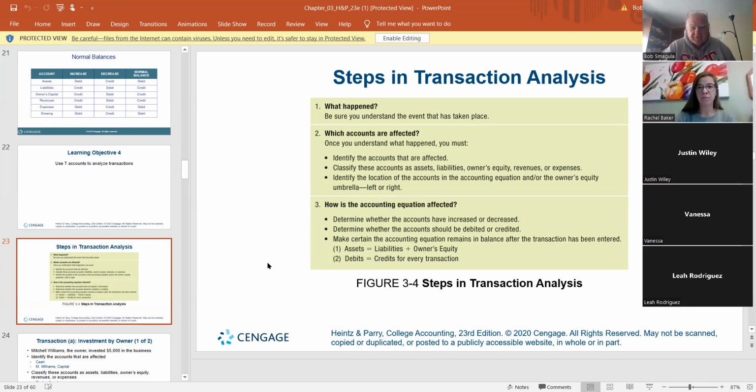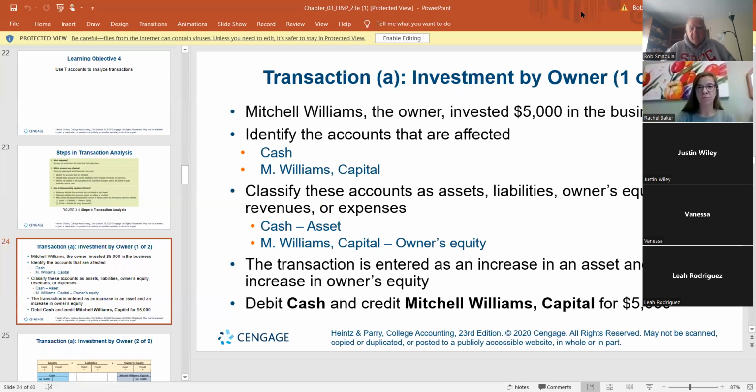Okay, so we're going to look at pretty much the same transactions we did with chapter 2, only now we're putting them into the world of accounting, bookkeeping. Mitchell invested $5,000 in his business. What are the accounts that are affected? Well, he put $5,000 in his business, so his business is now capitalized for $5,000.